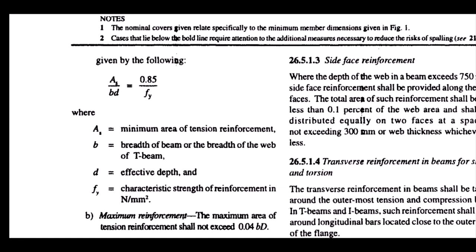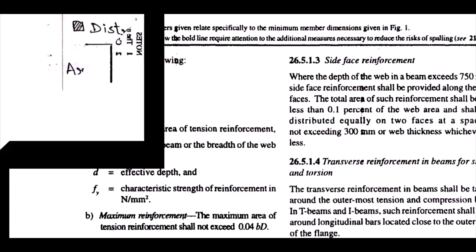So from here the value of Ast is equal to 0.85 bD by Fy. From that formula we have already calculated, and this is the minimum requirement of reinforcement, and the maximum requirement of reinforcement is that the maximum area of tension reinforcement shall not exceed 0.04 bD. So as per our calculation, the area of steel provided lies between these two values.